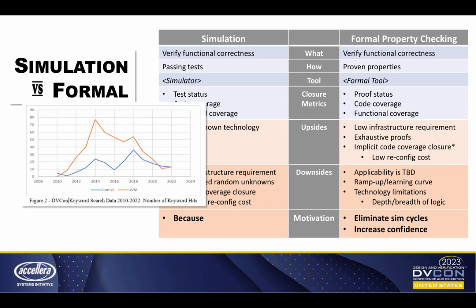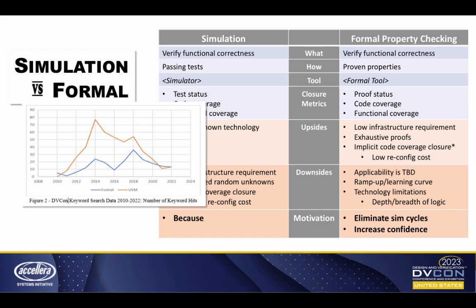And just to give you a feel for how deeply rooted simulation is relative to formal in verification, I did a quick keyword search. It's included in the paper, comparing not simulation in general, but even just UVM and the focus and attention that UVM has got in thought leadership and verification, specifically from DVCon, but I think this would apply to other conferences as well.